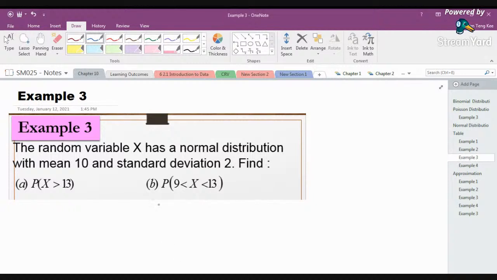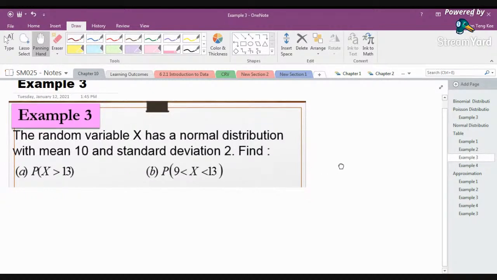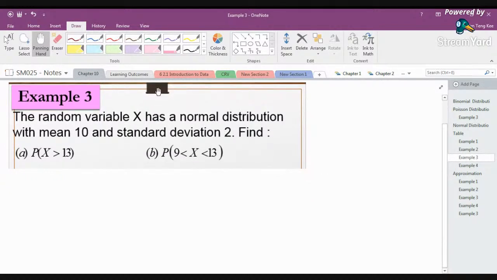Okay, let's see. First of all, based on these questions, you will know that X has a normal distribution with mean of 10 and standard deviation of 2.